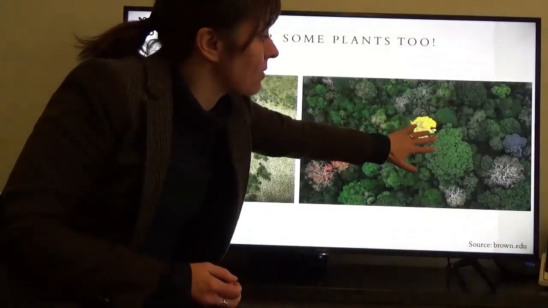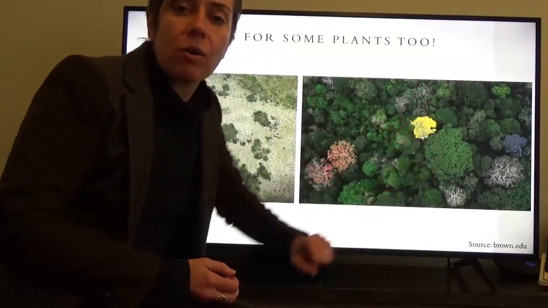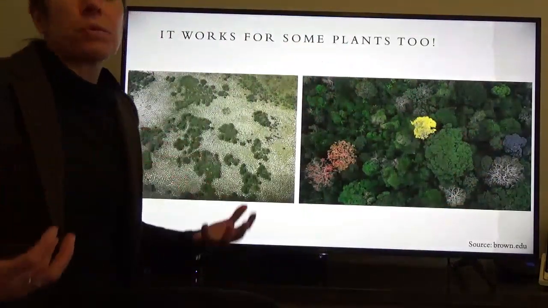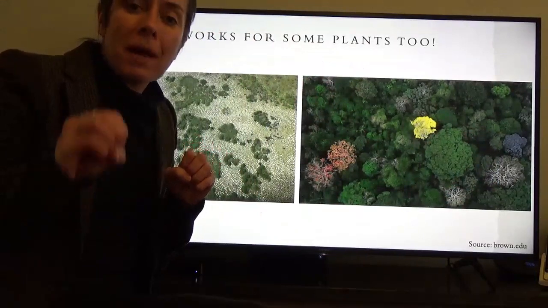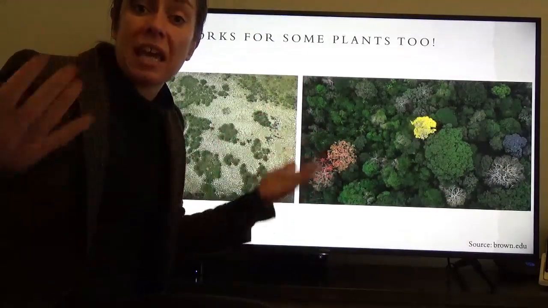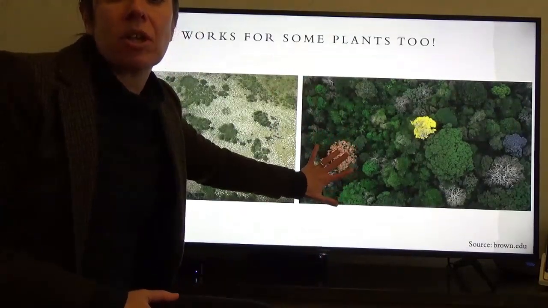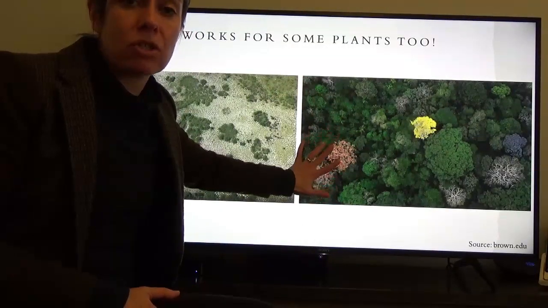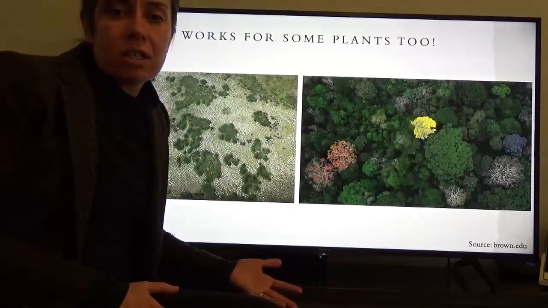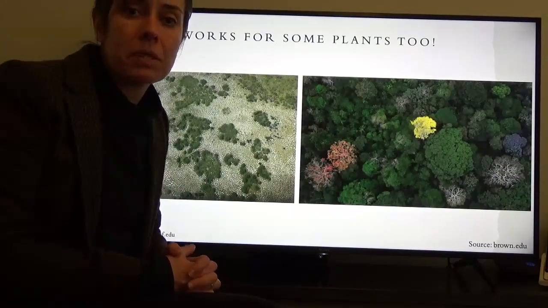But when you have this kind of distinction between the green canopy all around and the bright yellow or blue flowers, this really allows us to use spectral information to pull out the frequency of those individuals in the canopy of the rainforest. So some pretty amazing technologies are coming along with remote sensing of populations and species distributions that will only continue to advance as the imagery available to us improves.